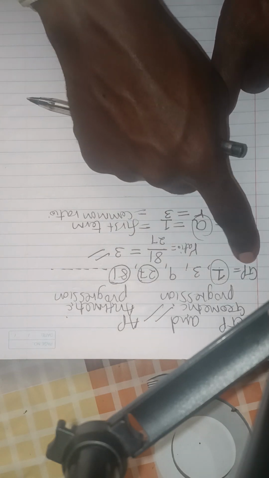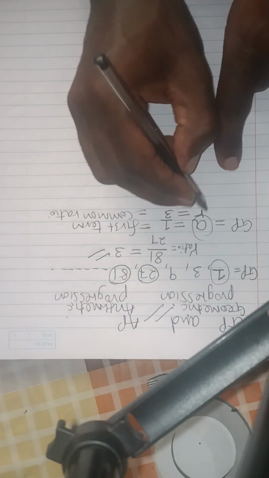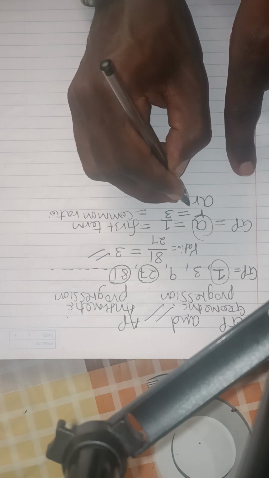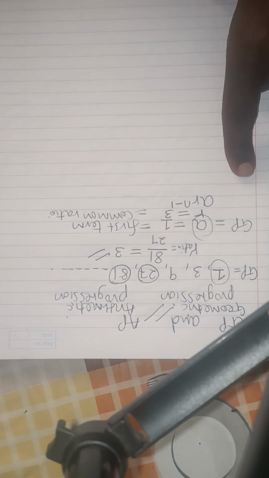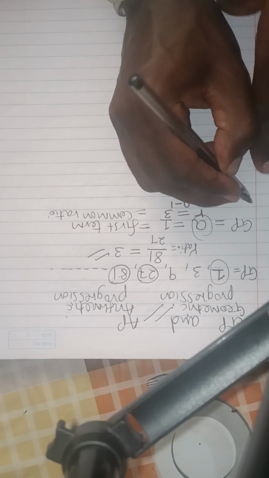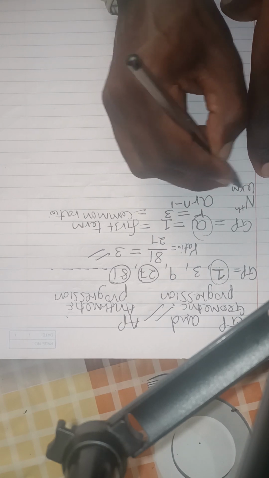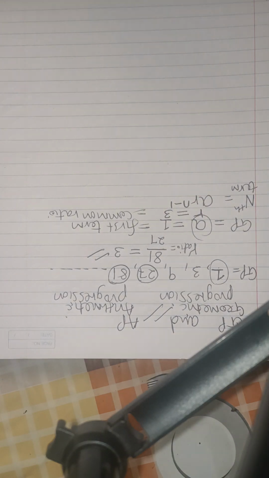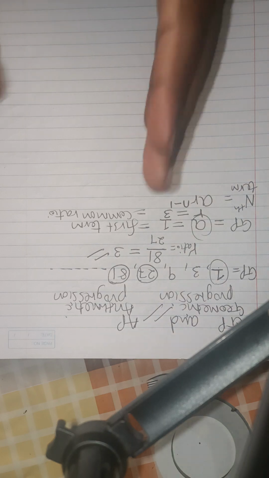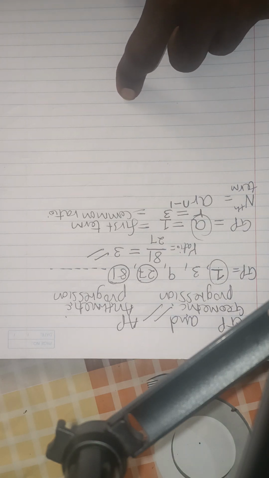Getting any nth term in a geometric sequence, you're supposed to always say A r raised to n minus 1. This is the formula for getting the nth term. Nth term means the 10th value, the 13th value, the 26th value, the 100th value, the 5th value, the 29th value, the 98th value.